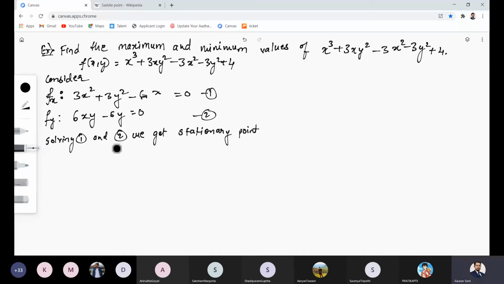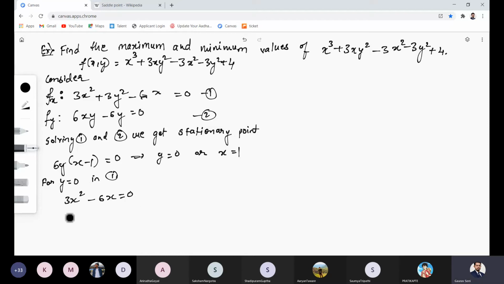I'll consider the second equation here. I'll take 6y common, and in the bracket what do I get? x minus 1, equal to 0. So this implies that y is equal to 0 or x equal to 1. For y equal to 0, in equation 1, we get 3x square minus 6x equal to 0, which means 3x common, x minus 2.